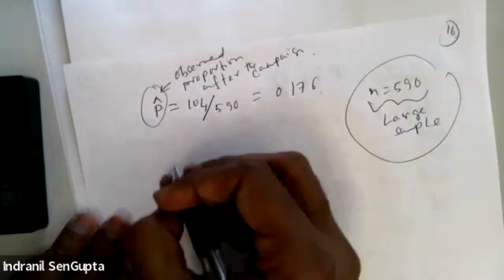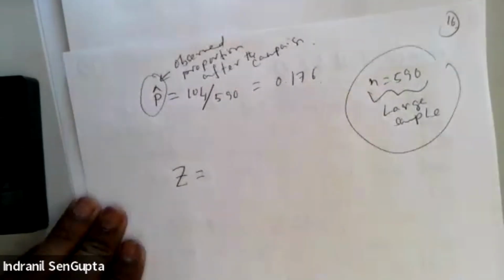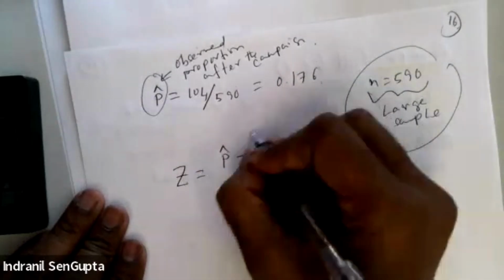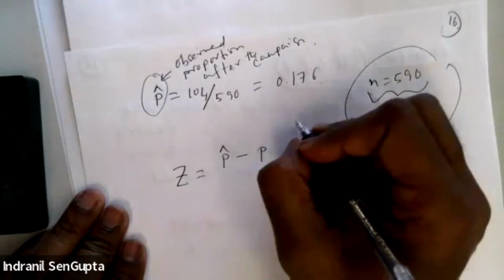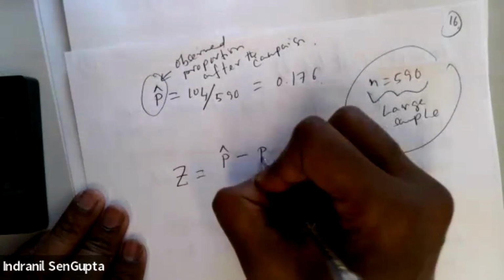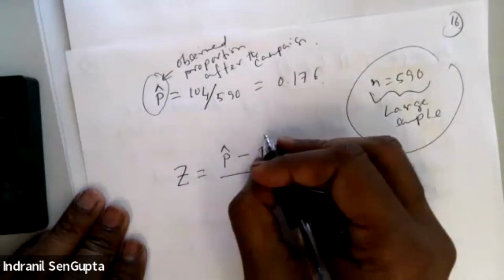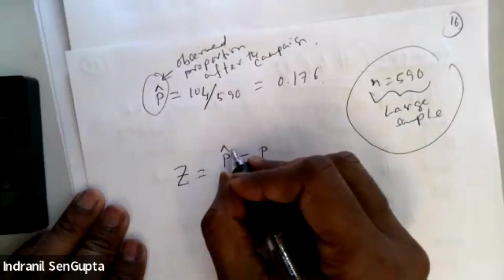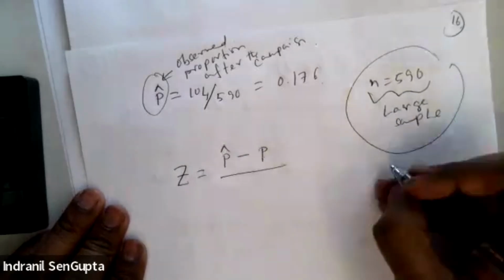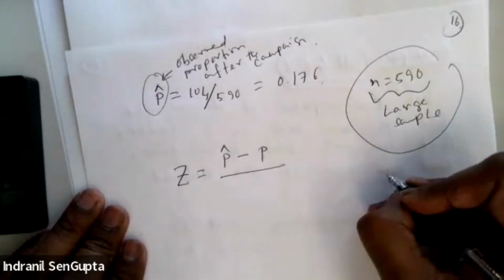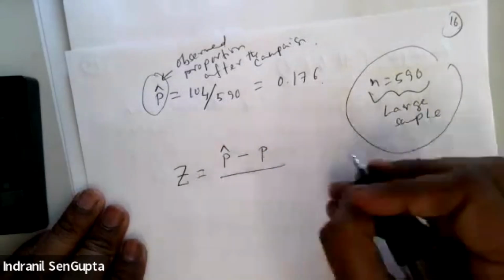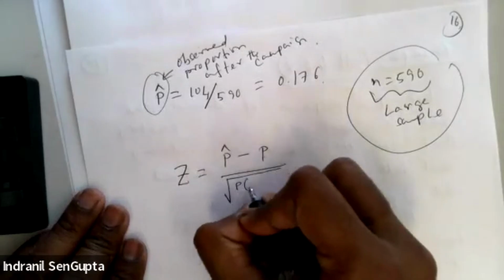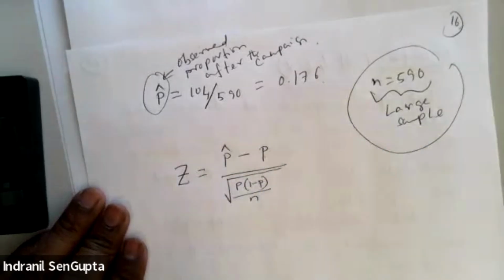So I can have a test statistic Z, which is the p hat against what we're testing, which is the original value, 0.14 in this case, over the standard deviation of this p hat. We have done it before. Remember that for a Bernoulli distribution, it's given by the square root of P(1 minus P) over n.